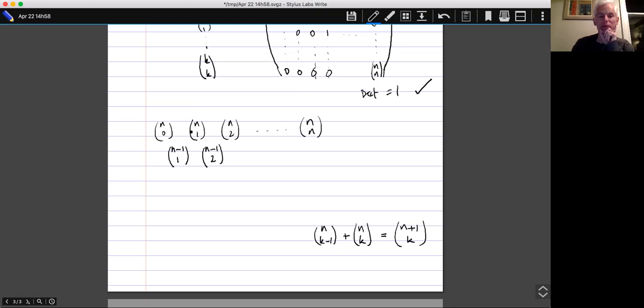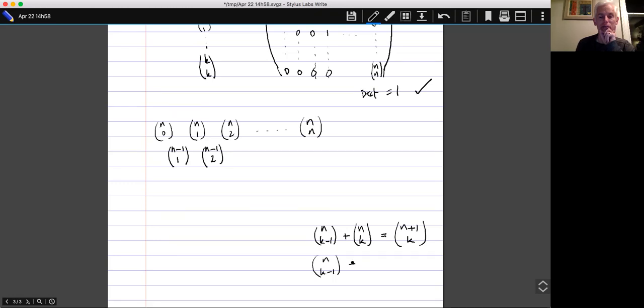But that doesn't seem to be quite the same as saying that n choose k minus 1 plus n minus 1 choose k equals n choose k. So why should that be the case? It seems that actually it is the same.